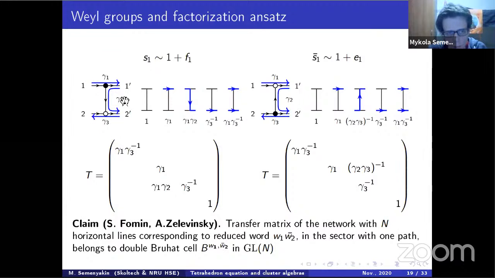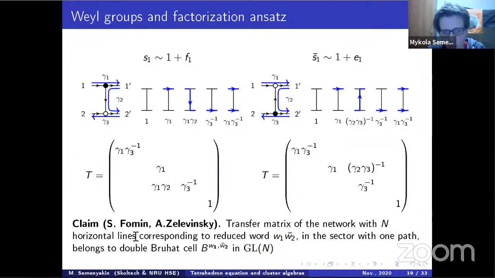We put into correspondence to such a block the generator S1, and to such a block the generator S1 bar. And here are the transfer matrices corresponding to these blocks. We can take a product of such generators. If you have a block which interacts with the first and second strand, we assume that it doesn't affect other strands, if there are other strands, for example, third or fourth or fifth and so on.